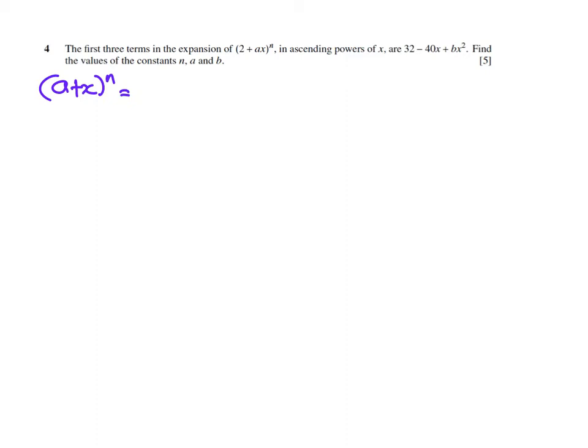The first value will be a to the power of n, which is basically nC0, and then the second term is n times a^(n-1) times x over 1 factorial.